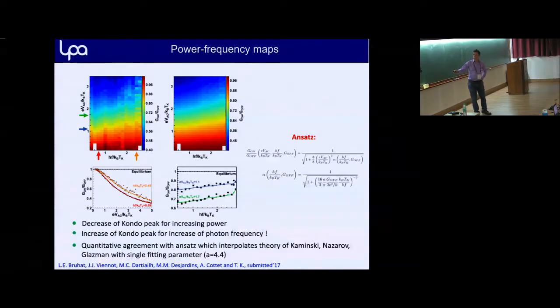This is fully predicted by the theory, but it is completely counterintuitive at first sight. Because what we would expect is that if we put a large frequency, you will destroy the Kondo effect more, because you will have higher energy excited states. So how can we understand this? It is built into the theory, but can we bring a picture of that?